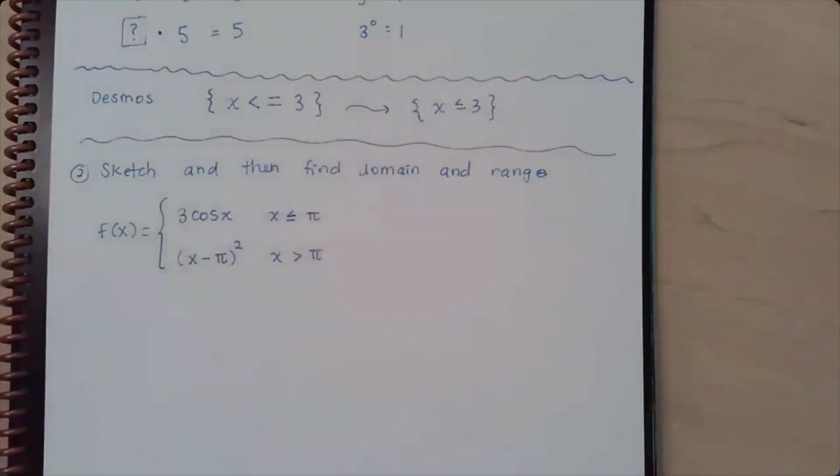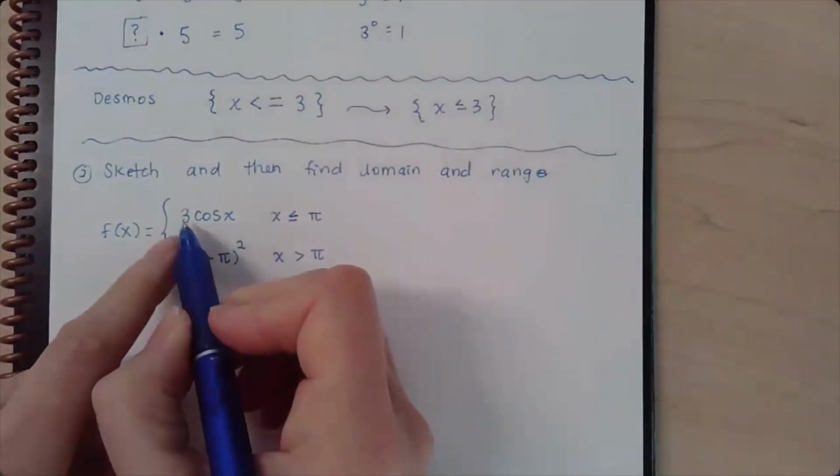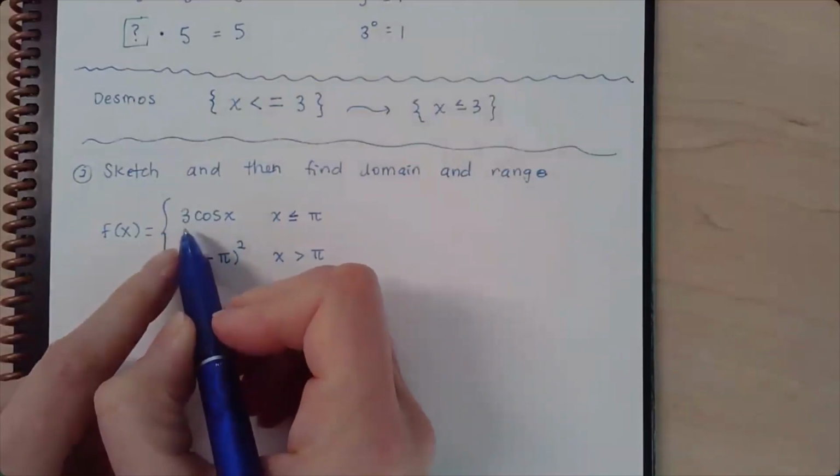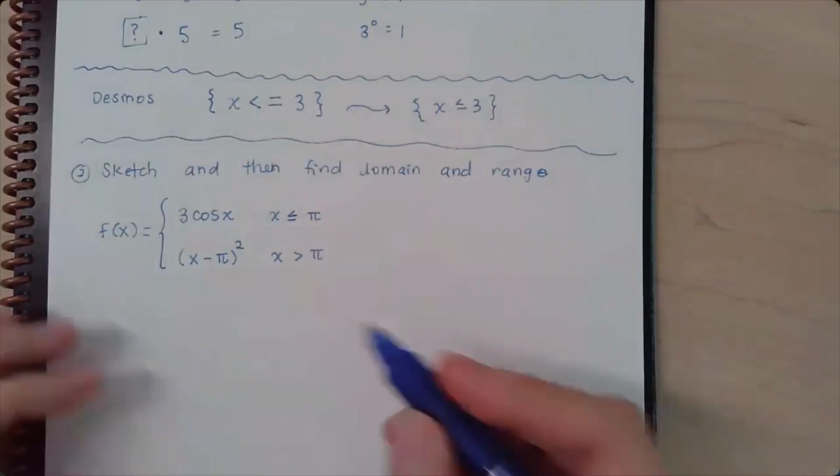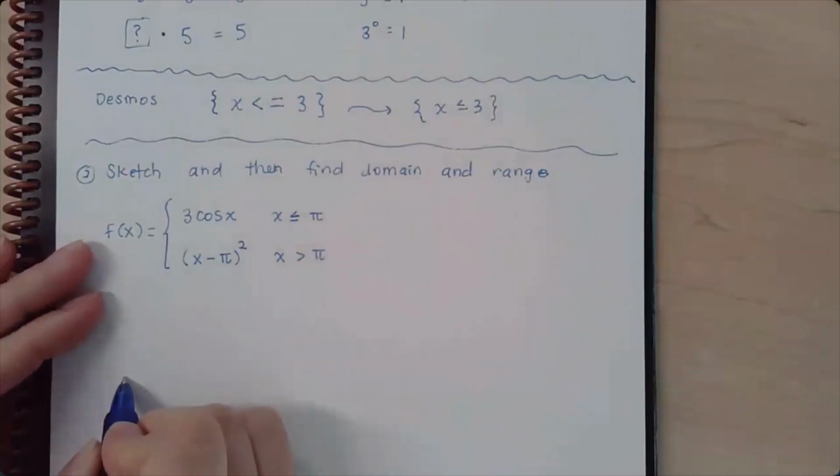So if I take that regular cosine graph, the 3 out in front means that it's actually going to hit a max height of 3 and a max low of -3. That's where it would be stuck between.